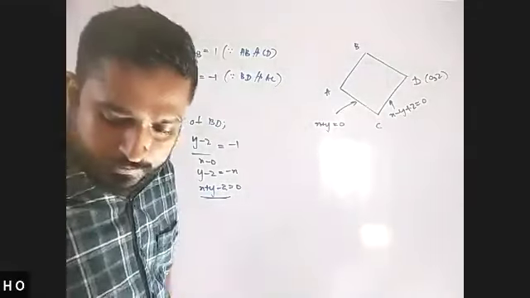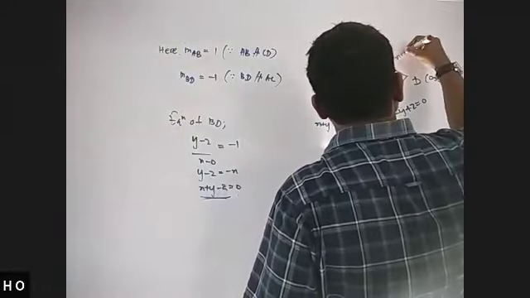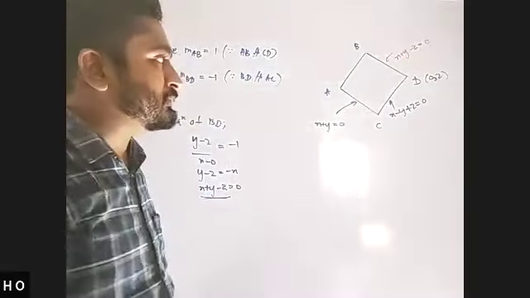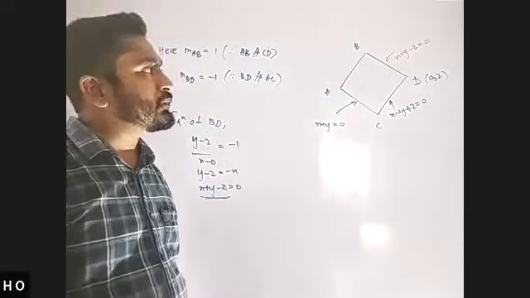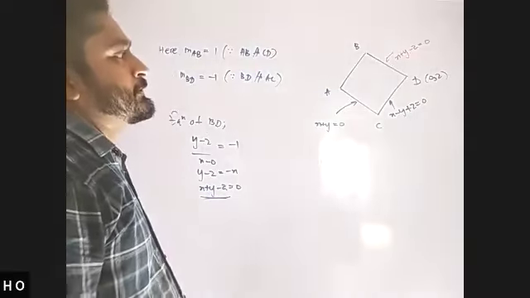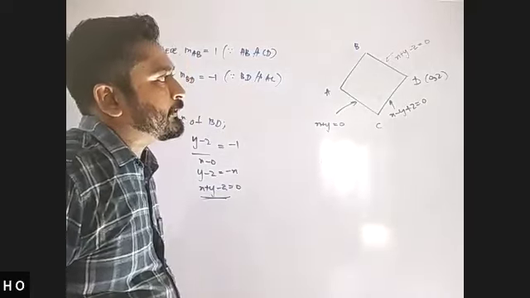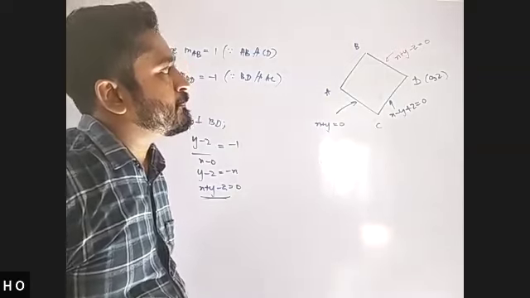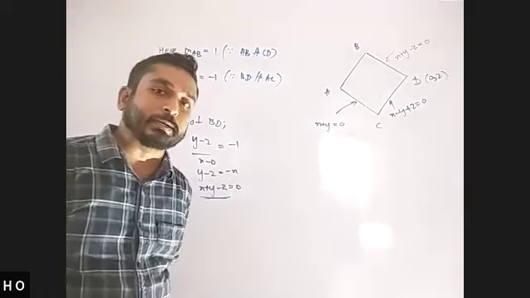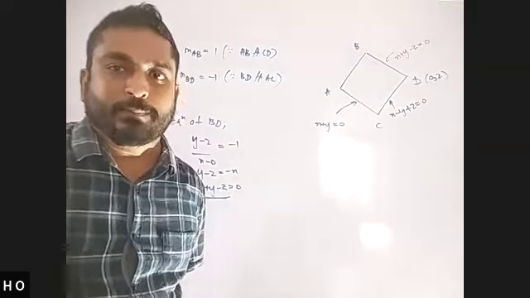I'll mark what I found: BD is x plus y minus 2 equals 0. What is the method in finding the equation of AB? I think that is where we can show that we have two possibilities of the square.